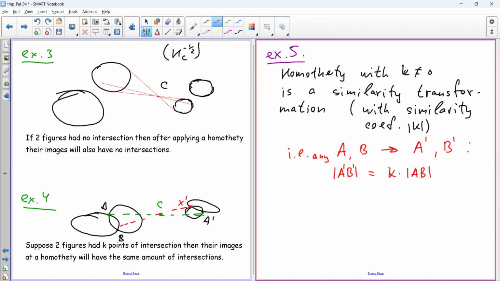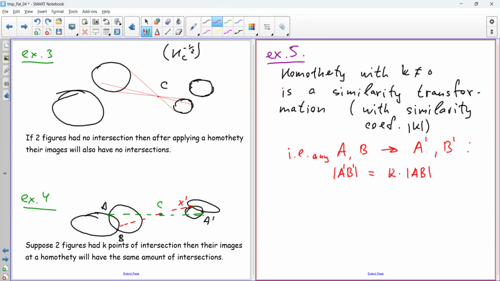Here, probably more correct would be taking this magnitude lines, vertical lines, to the K as well. Here they are used for A prime, B prime, and AB, just to show that that is length of the segment, not any other parameter, not the vector corresponding to that segment, like nothing but just length of this.